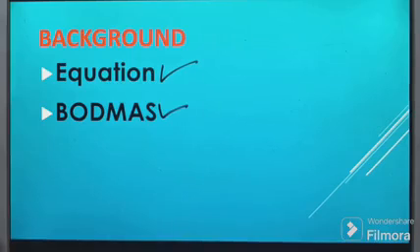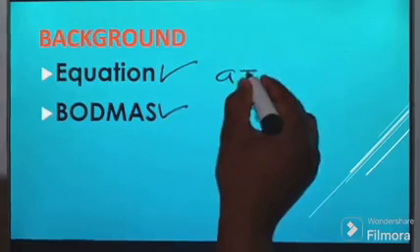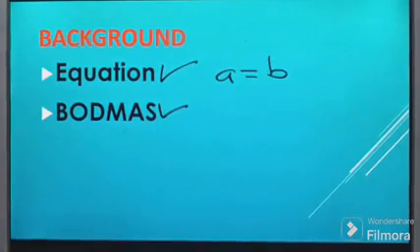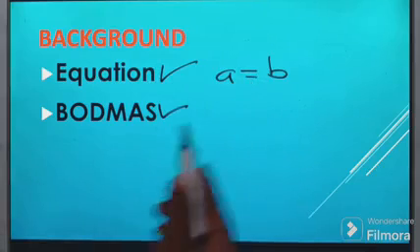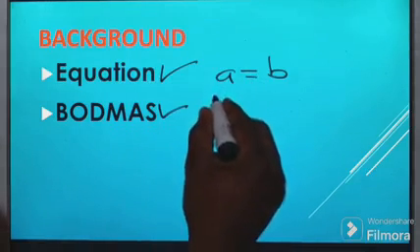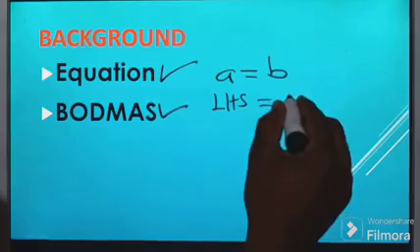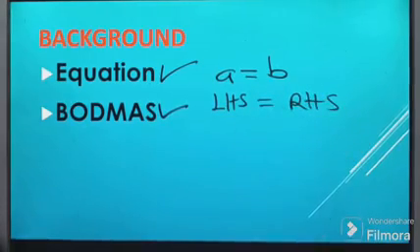So an equation basically means it is something that looks like this. It has an equals sign, a left hand side, and a right hand side.